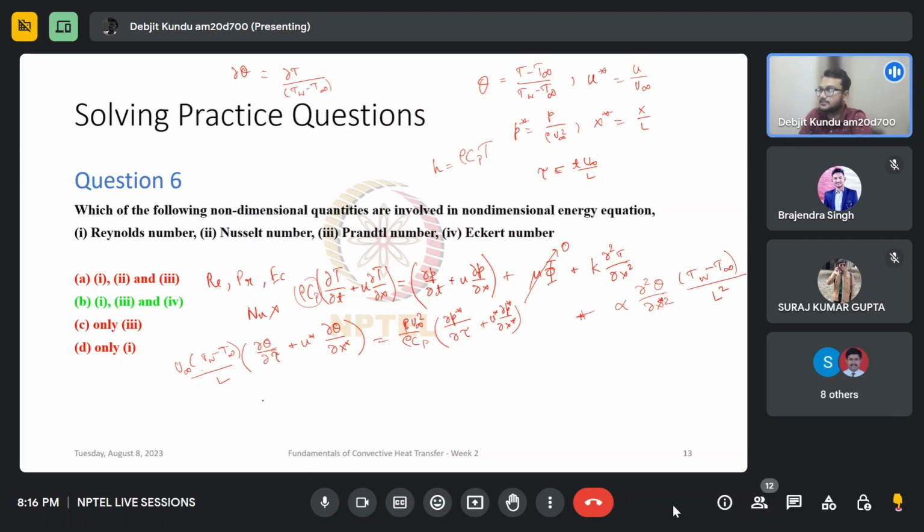So now let's try to simplify this. So on this side we have dou theta dou tau. I'm writing this as a total differential just to simplify this. So over here we have u infinity square by Cp into u infinity comes here, one temperature difference as well, and there's an L over here.